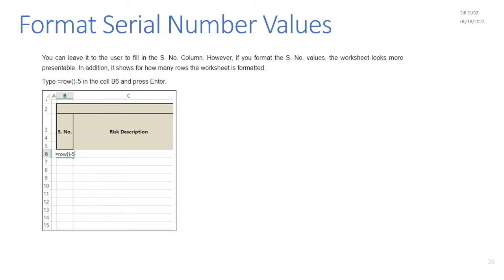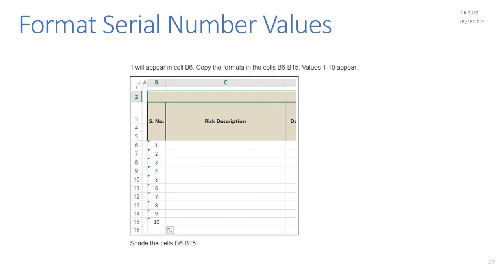So type equal to ROW minus 5, because these are the number of rows, so we subtracted this, and press the Enter key. One will appear in the cell B6. Copy the formula in cells B6 to B15, and the values 1 to 10 will appear. Shade the cells in B6 to B15.